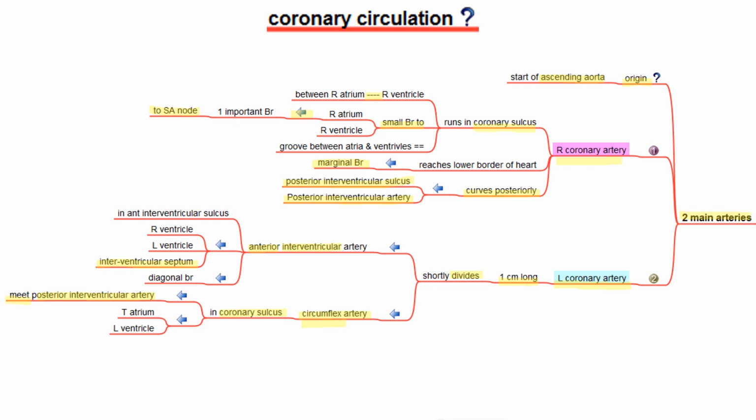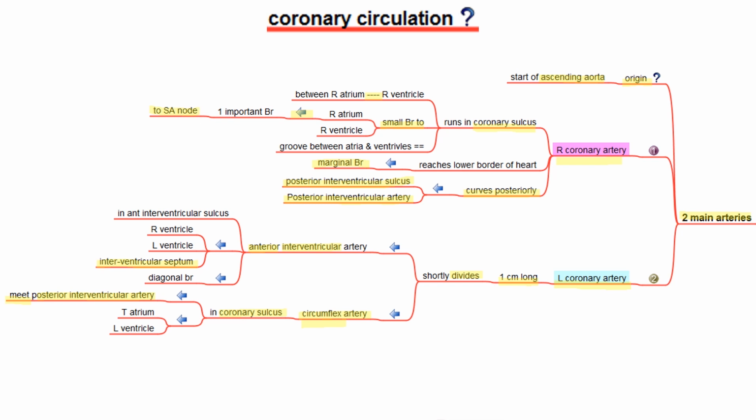Then what is it going to do? It is going to curve posteriorly and go to the posterior surface of the heart, where it's still in the coronary sulcus, but as it reaches the posterior interventricular sulcus, it is not going to give a branch. It is going to end up as the posterior interventricular artery.